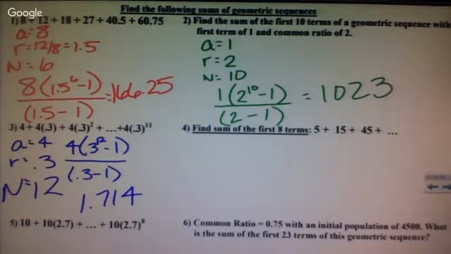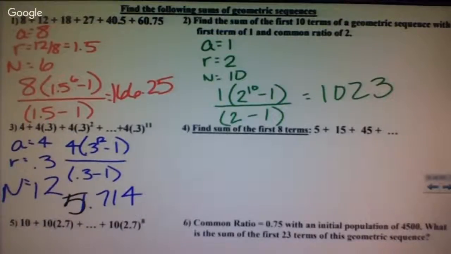Is his answer key wrong? 5.714. Yeah, you said. I stand corrected. Ha, you were wrong. Listen, I wrote it in pen.